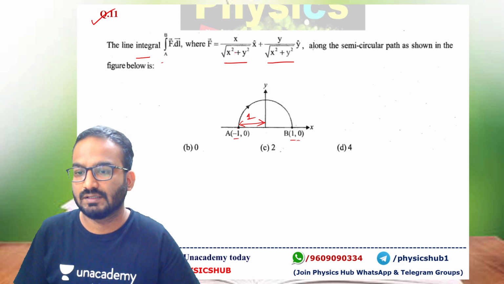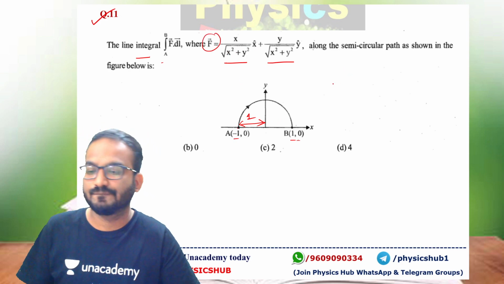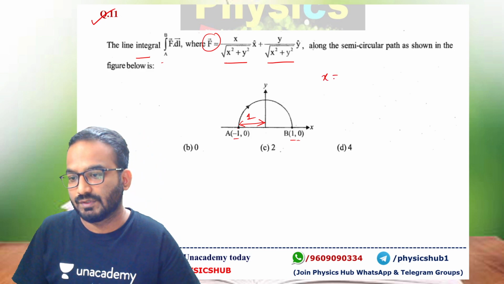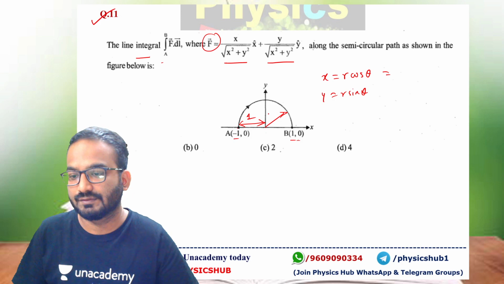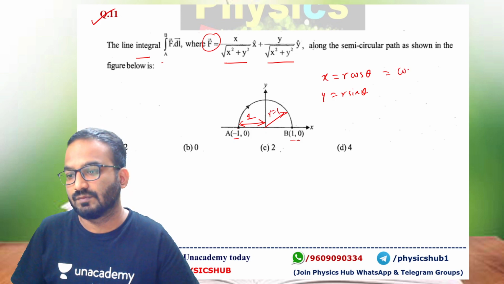By looking at the form of this function F, we can consider that applying polar coordinates will be very suitable. If you consider x equals r cos theta, y equals r sin theta, then r is basically 1 here, so it will become cos theta and sin theta.